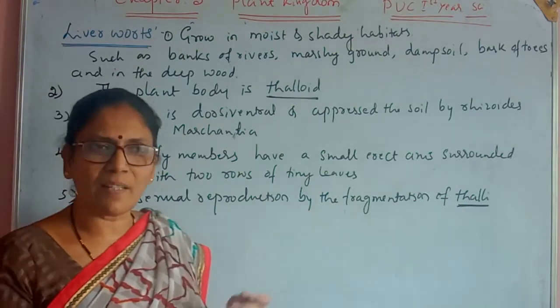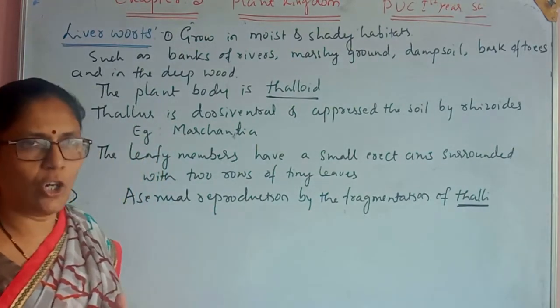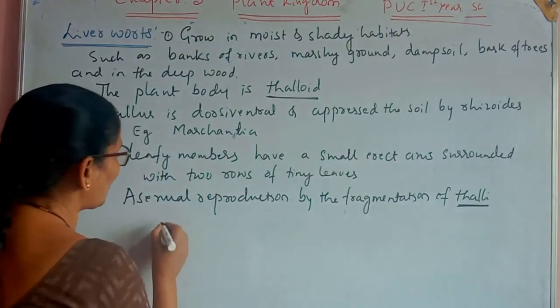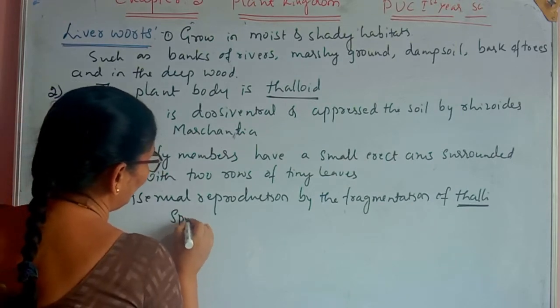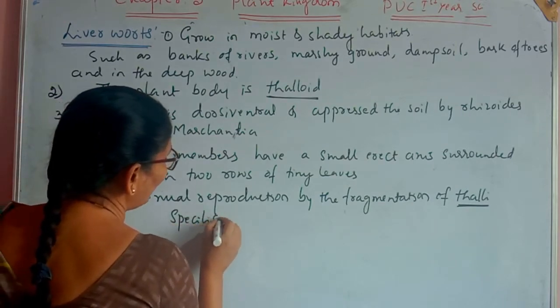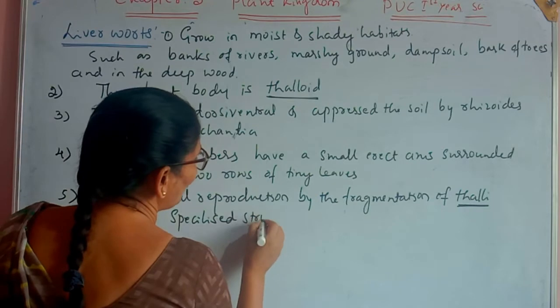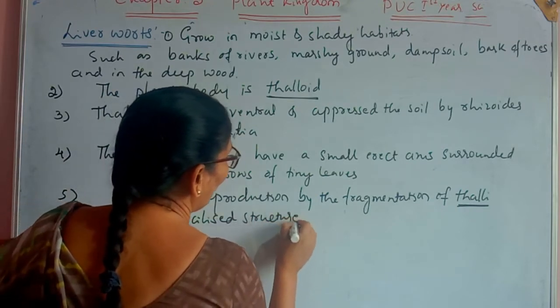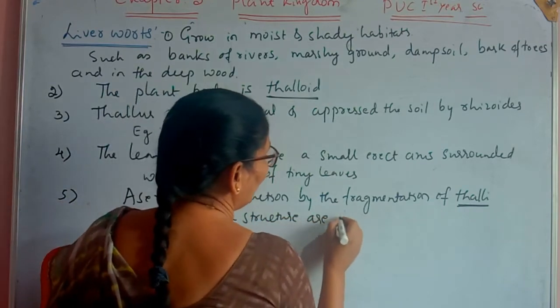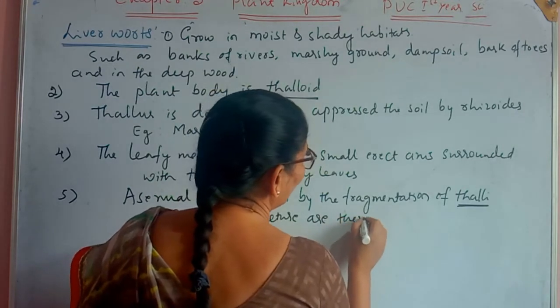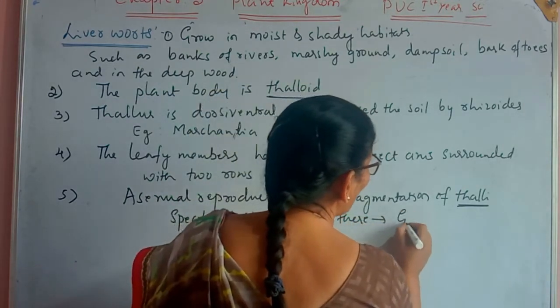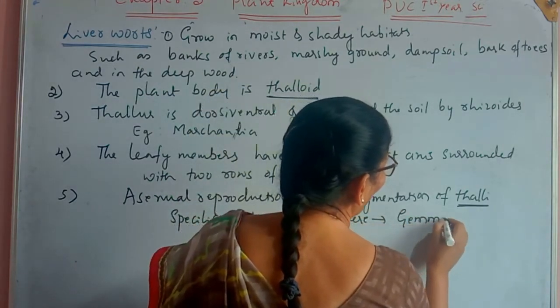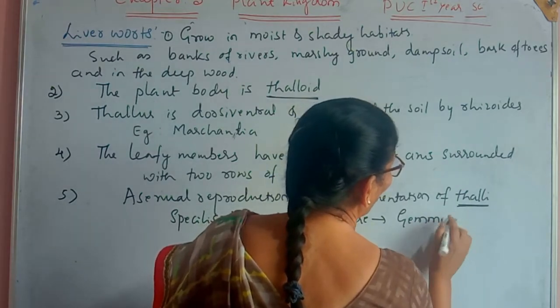So there are some specialized structures also in this group. These specialized structures are called the gemmae. They are called the gemmae.